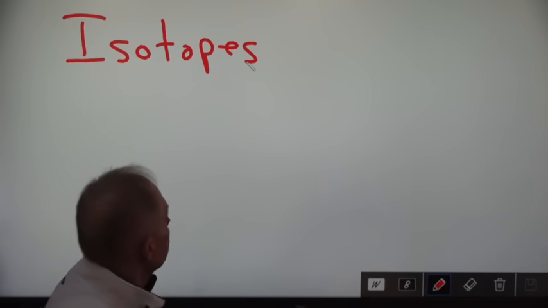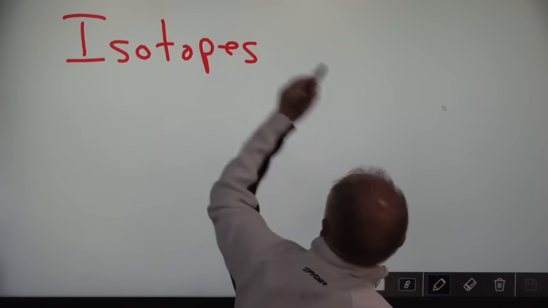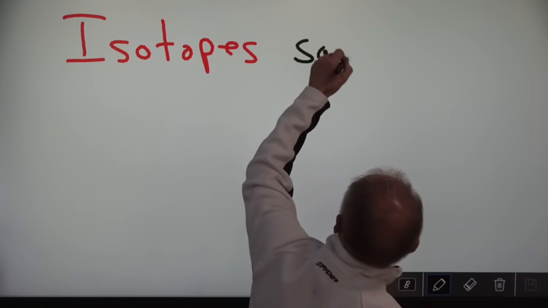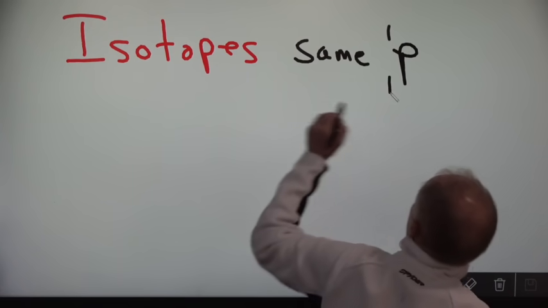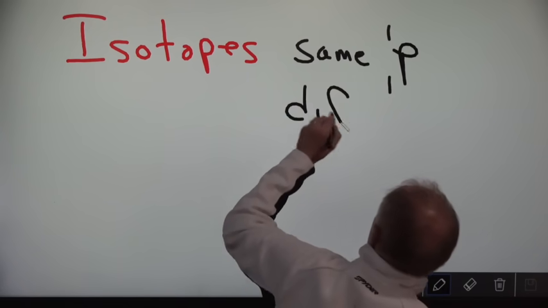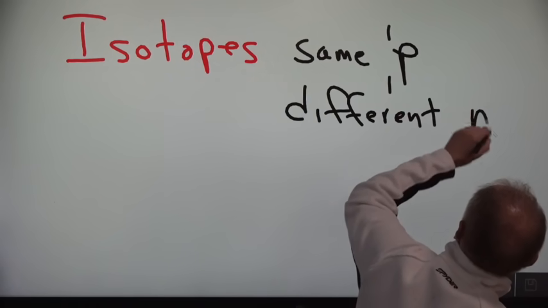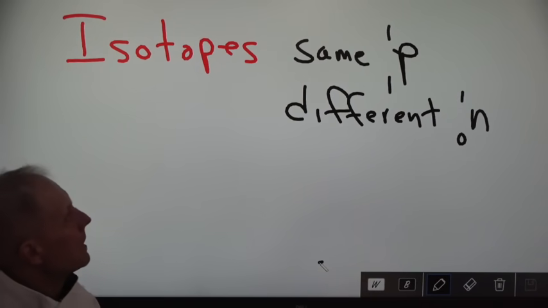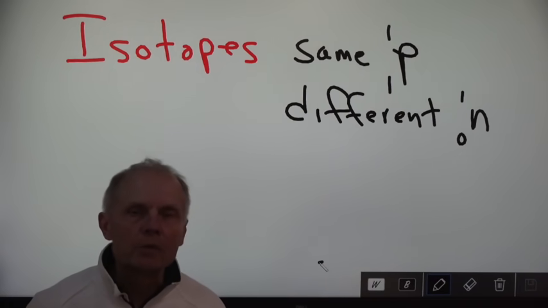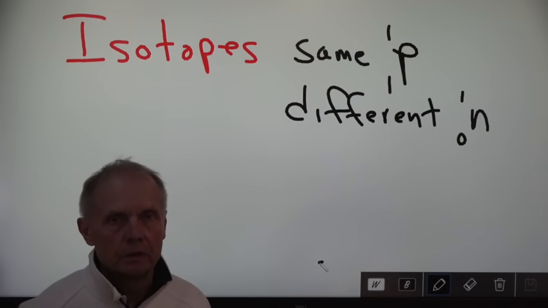Here's what it means. In other words, an isotope has to have the same number of protons, but a different number of neutrons.